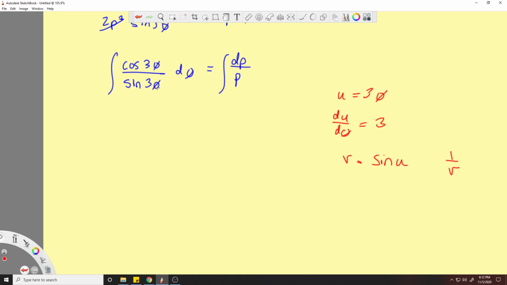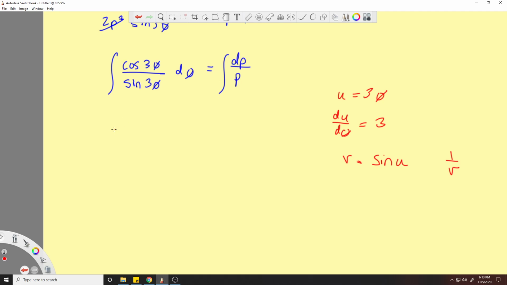You have to account for this 3, and you'll end up with the ln because you have this 1 over v. You can plug this into an integral calculator, or some of my other videos have done this already. It's not a terrible integral. Just do some substitution, you'll be fine.